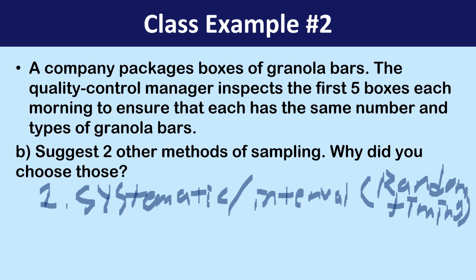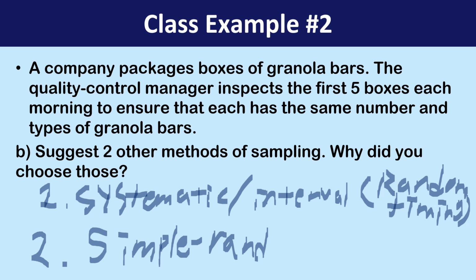That can be one. Or, for a second situation, why don't we do an actual simple random sample? Put a number on each box, and then take them out of a hat, something like that. That's a rather better, more objective situation that you can do.